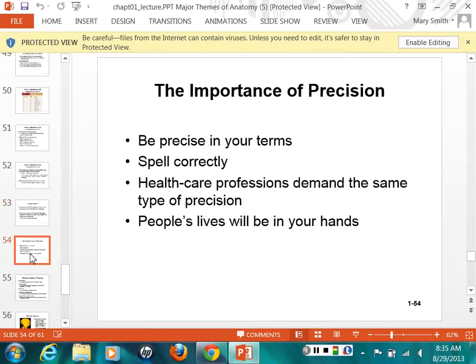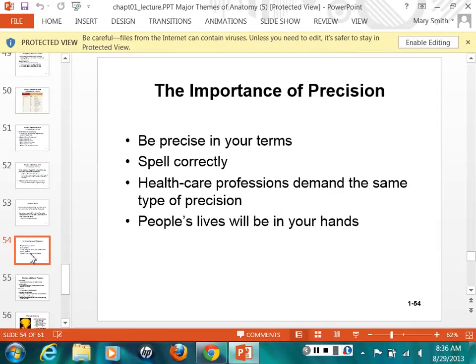Spell correctly. Spell correctly when you do your labs. If you rush through your labs and your words are spelled incorrectly, they will be marked wrong. Okay? If I give a quiz, you know, because sometimes your quizzes aren't, I don't know, but you did that Learn Smart. If I bring a quiz in here that's like an open-ended quiz, then you're going to have to be able to spell your words correctly.